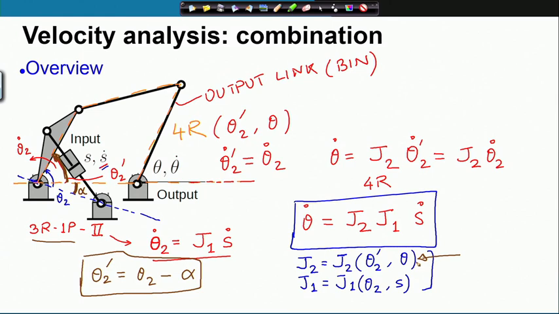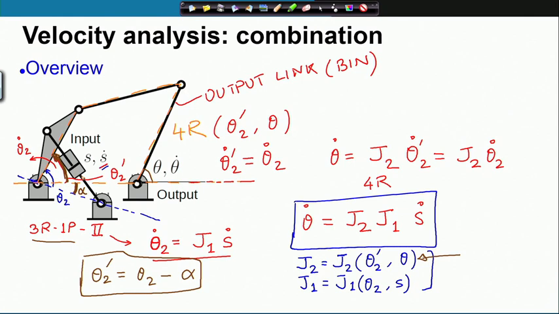Now, since this is a constraint mechanism, given any one, let us say given S, I should be able to find out everything, or given theta, which is the output angle, I should be able to find out all the other angles and the value of S, which is the throw of the prismatic actuator.